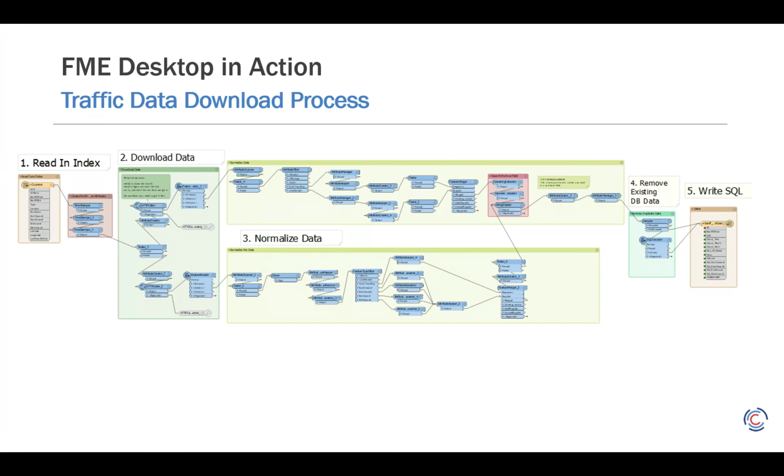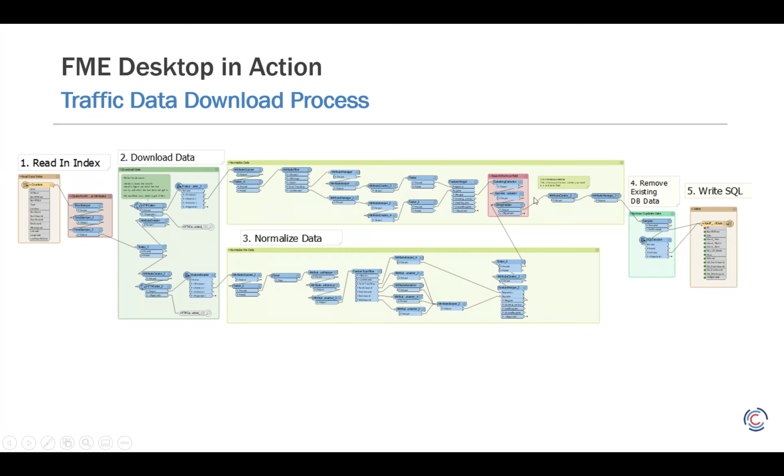We use a transformer called the HTTP caller, which will automatically go get the data. And then we can move on to the next step, which is step number 3, normalize the data. So here is where we're actually going to change the data and manipulate it so that it fits into our schema.